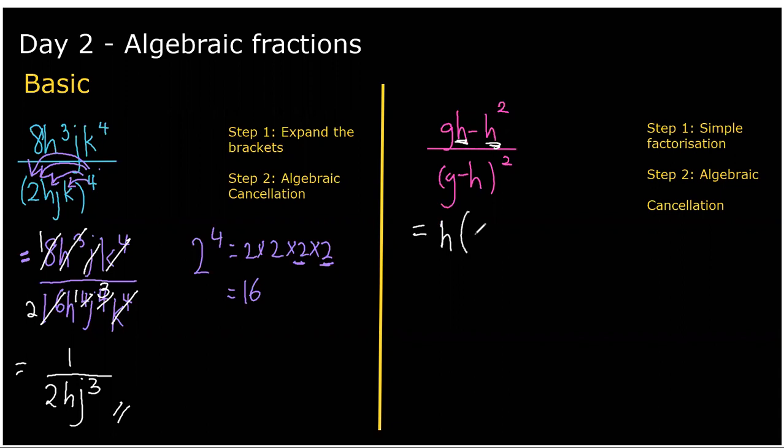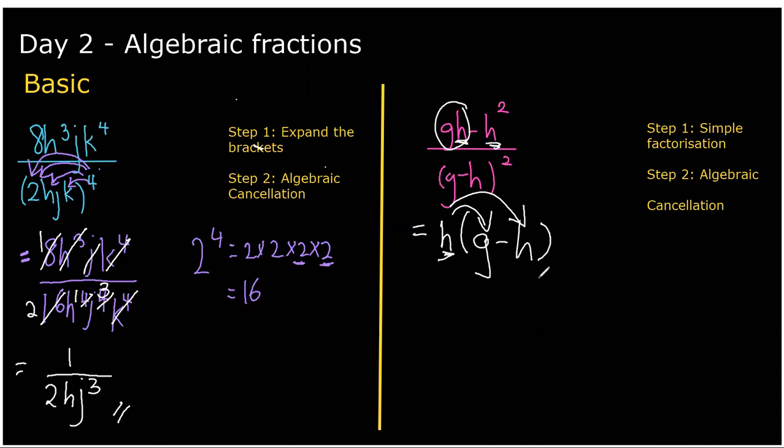Take out the h. I take gh divided by h, I'm left with g, minus h squared divided by h is h. You should get something like that. Always remember to expand and double check if you get back the question. So yes, I do get back the question.